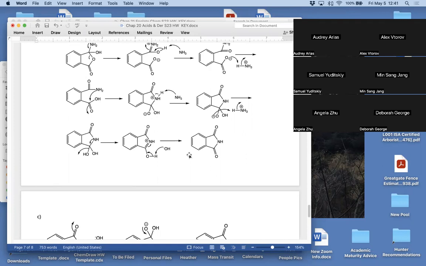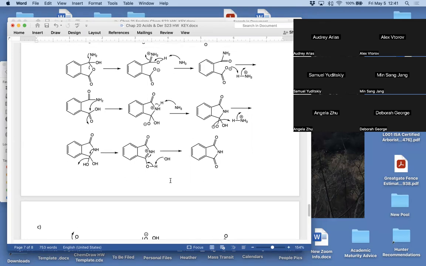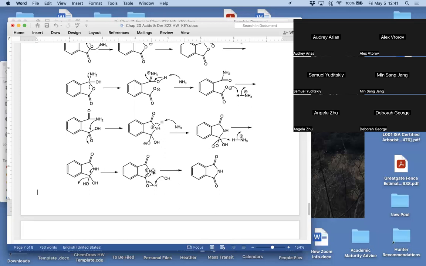Okay, so my question was, initially when I did this, I had the lone pair from the oxygen come down. Why does the lone pair from the nitrogen come down instead? If we focus on this very last step, the bottom corner here, does this have a resonance structure?